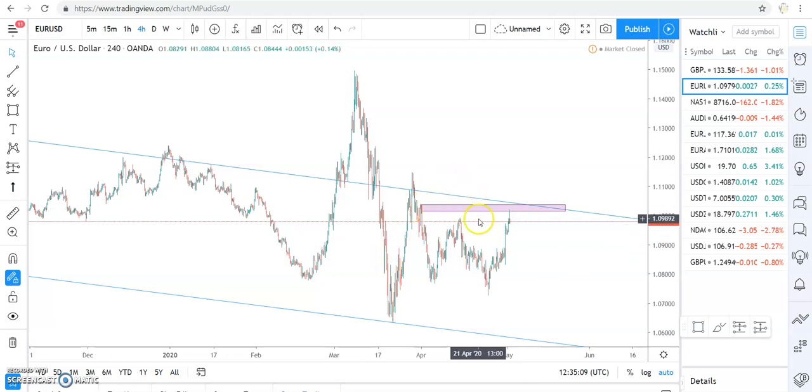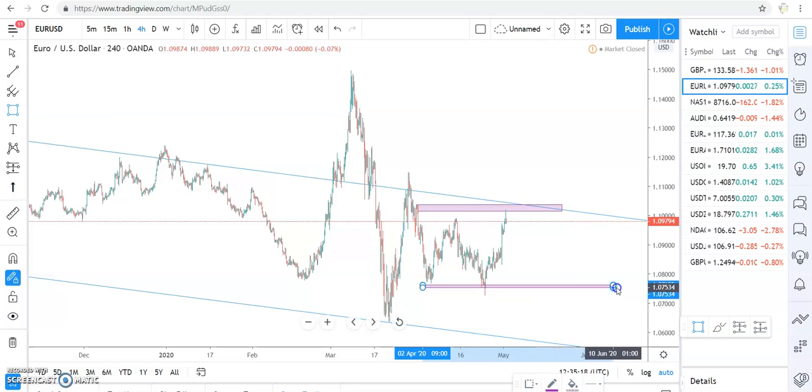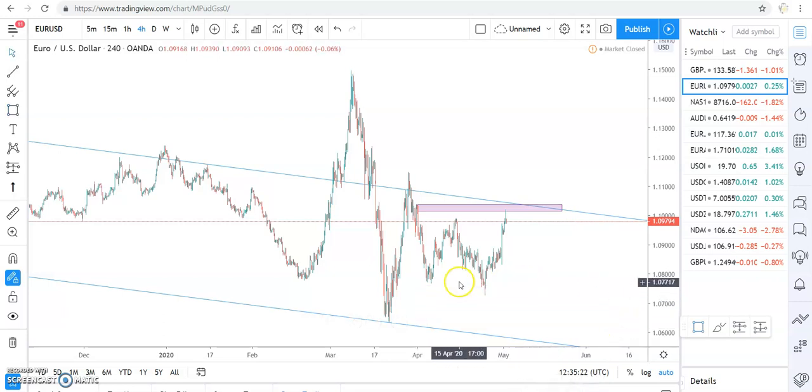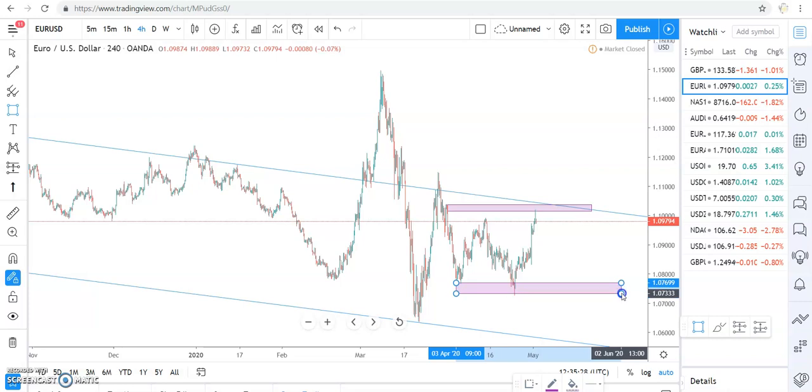And my support level is obviously this, because price has been bouncing off that level for quite a number of times.